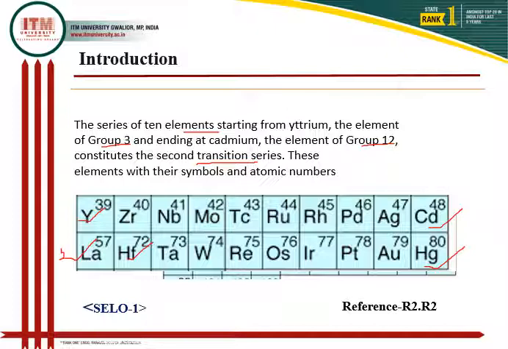So we have to talk about these two important transition series. In total, 20 transition elements are in the second and the third transition series.